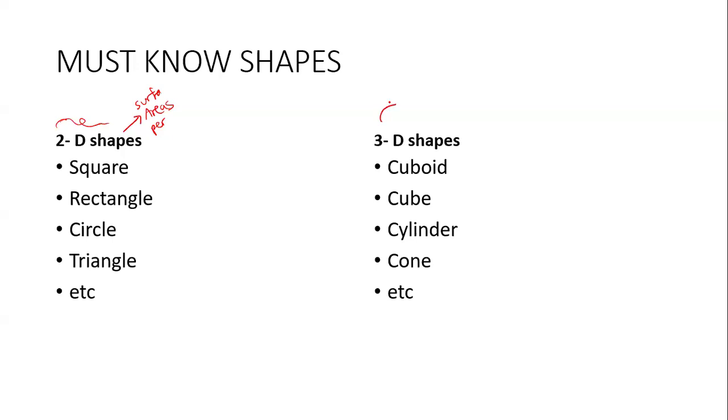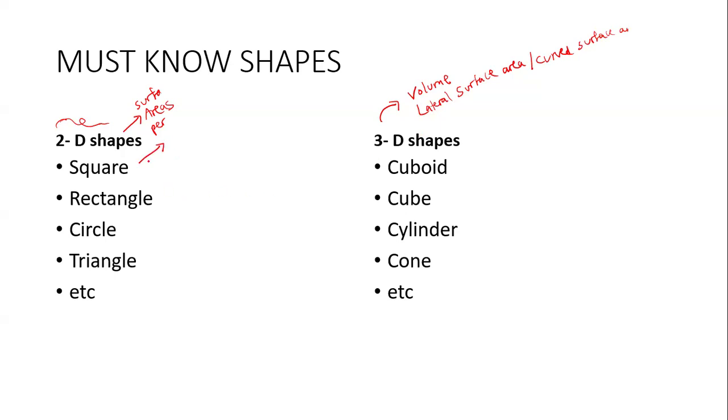When it comes to three-dimension figures, you must be able to find the volume and the lateral surface area. Sometimes they call it the lateral surface area, or sometimes the curved surface area. Those are the common things they ask about three-dimension figures.